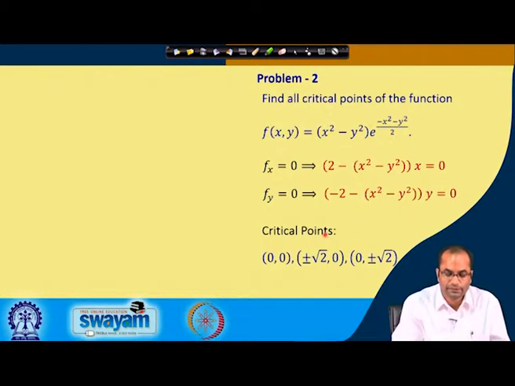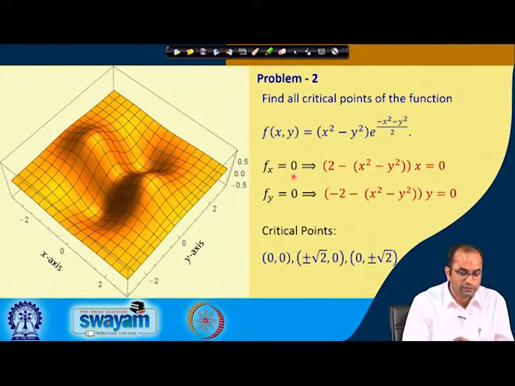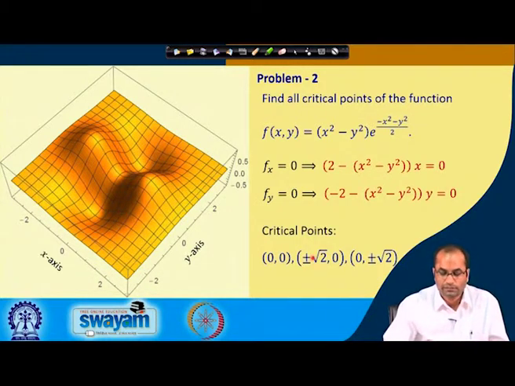We have the critical points (0, 0), (√2, 0), (−√2, 0), and then (0, √2) and (0, −√2). All these are the critical points which we can see in this problem. So, we can see this one, this one, this one, this one, and again here there is a critical point. So, these are the critical points of this problem.